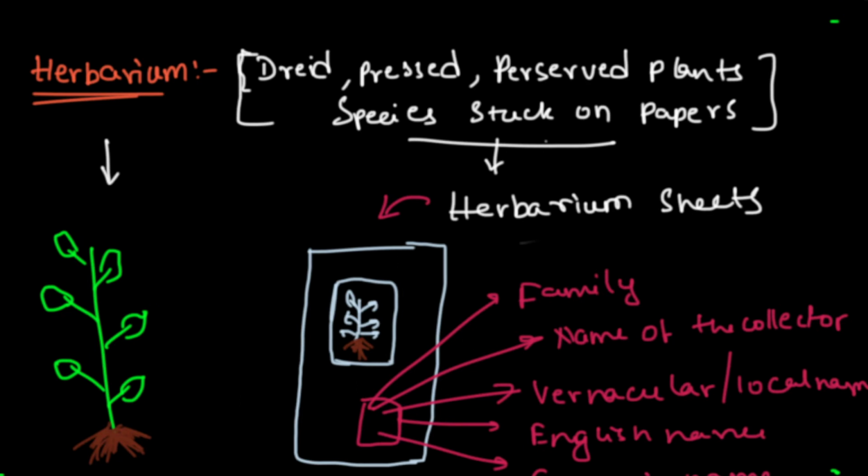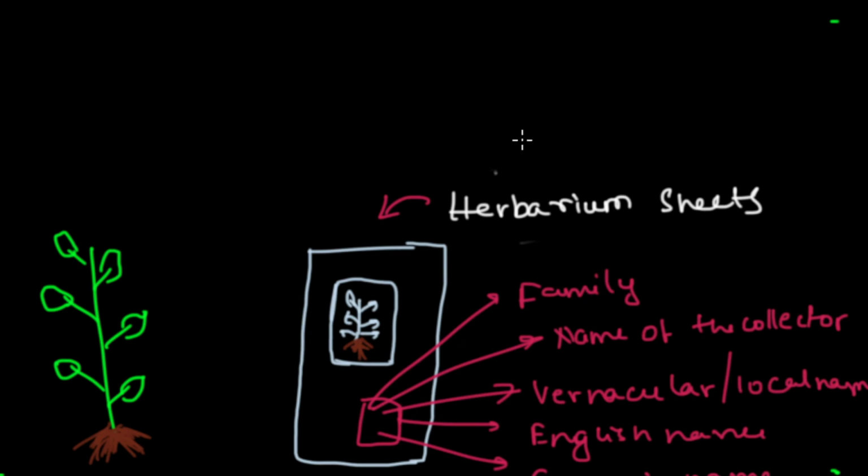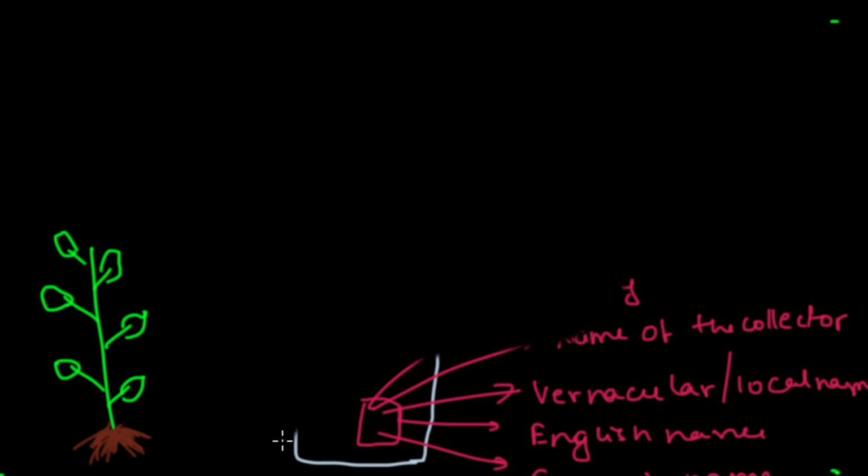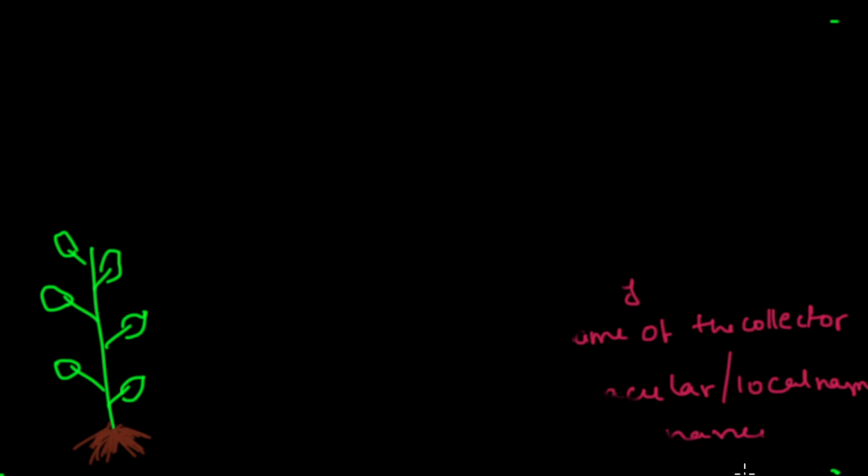Now we'll be talking about the second taxonomic aid, that is biological gardens. These biological gardens include both plants and animals. If plants, it is called a botanical garden. If animals, it is called a zoological garden.